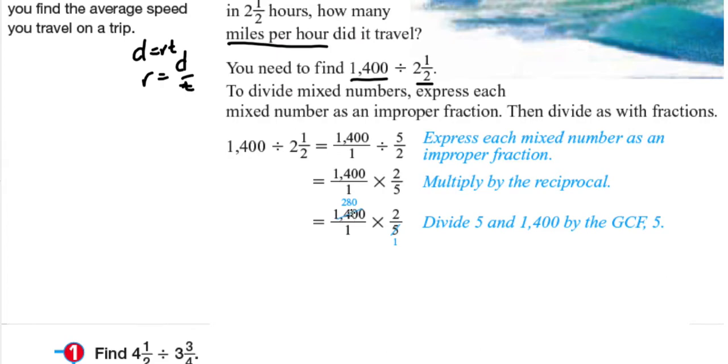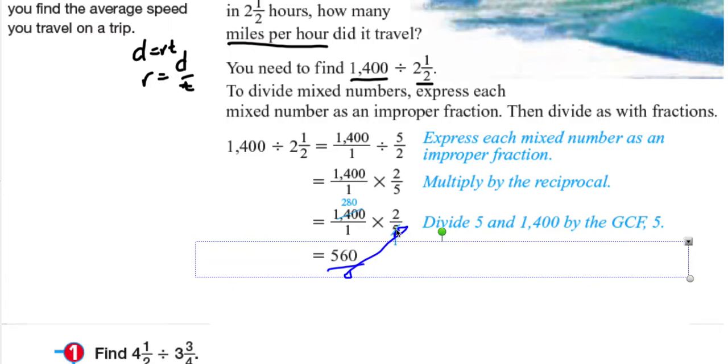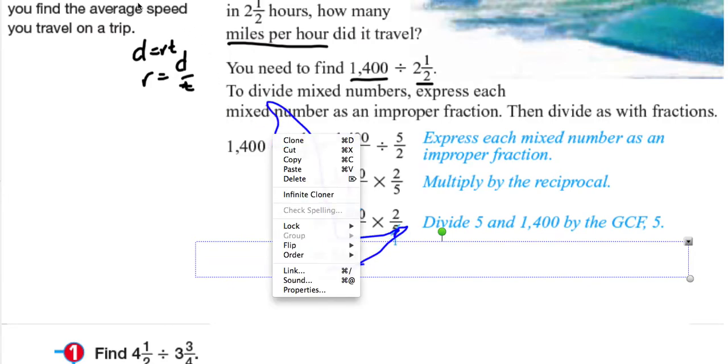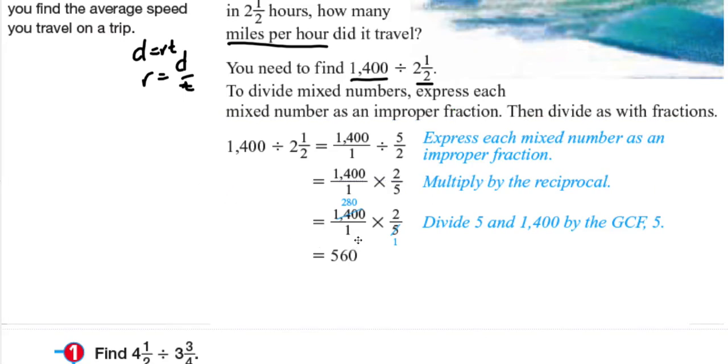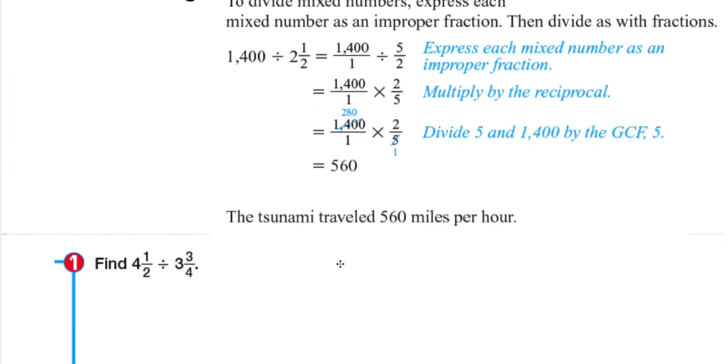Divide 1,400 by 5, that's 280. 5 divided by 5 is 1, and we simply multiply 280 by 2, which is 560. 1 times 1 is 1, so this is actually 560 over 1, and since the denominator is 1, we simply leave it as 560. So the tsunami traveled 560 miles per hour. That's a fast tidal wave.